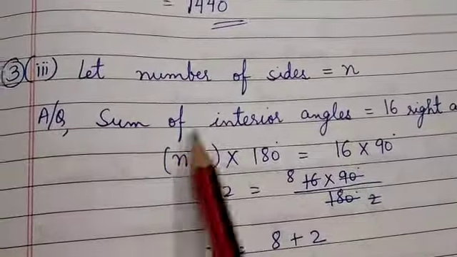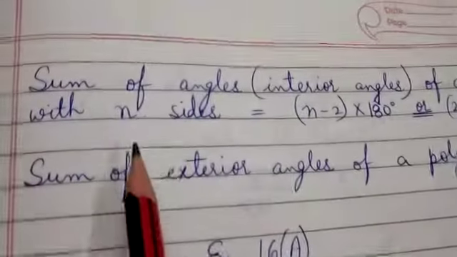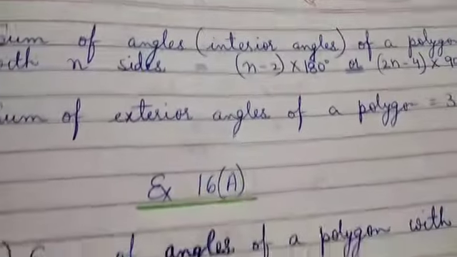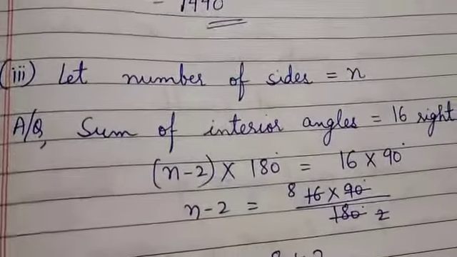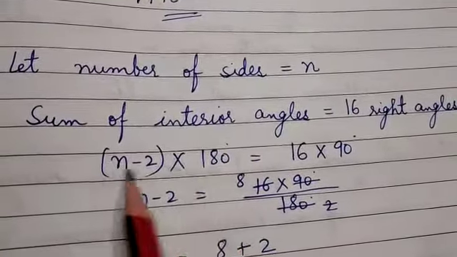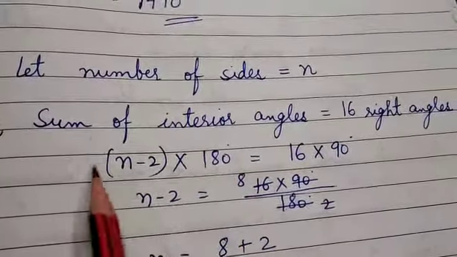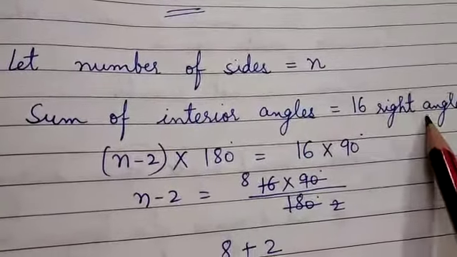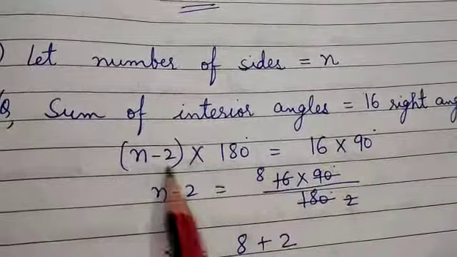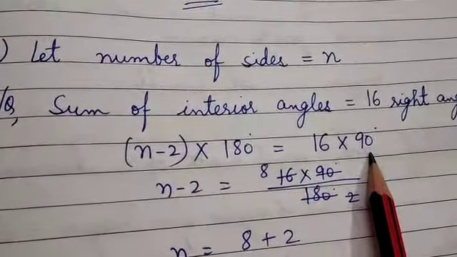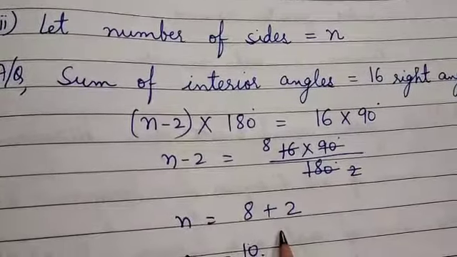And the sum of interior angles, we know the formula. What is the sum of interior angles formula? (n minus 2) into 180 degrees. So for the sum of interior angles, you can write (n minus 2) into 180 degrees, because this is the formula. And since it is given as 16 right angles, 16 into 90 degrees, you can easily frame one equation, which you have to simplify further.